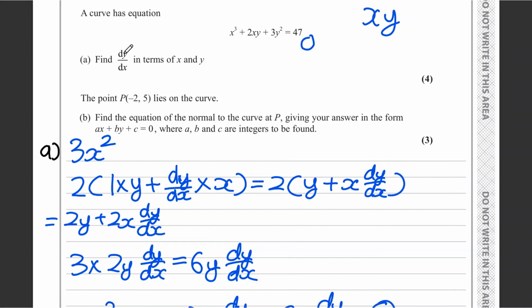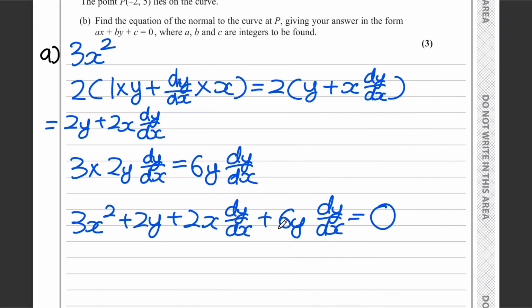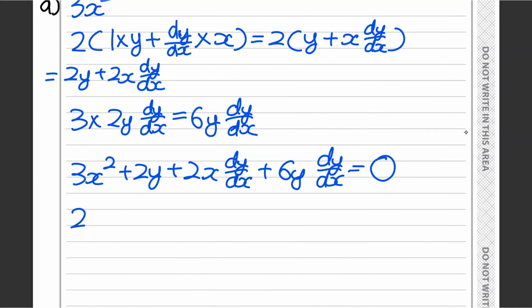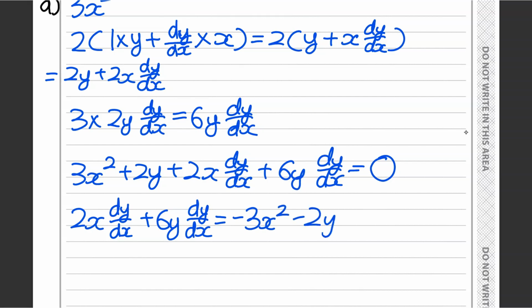We need to find dy over dx, so we need to make dy over dx the subject. So if we get all of the dy over dx terms onto one side of the equation, if we move this 3x squared plus 2y onto the other side of the equation, it's going to be 2x dy over dx plus 6y dy over dx is going to be equal to minus 3x squared minus 2y, like this here.